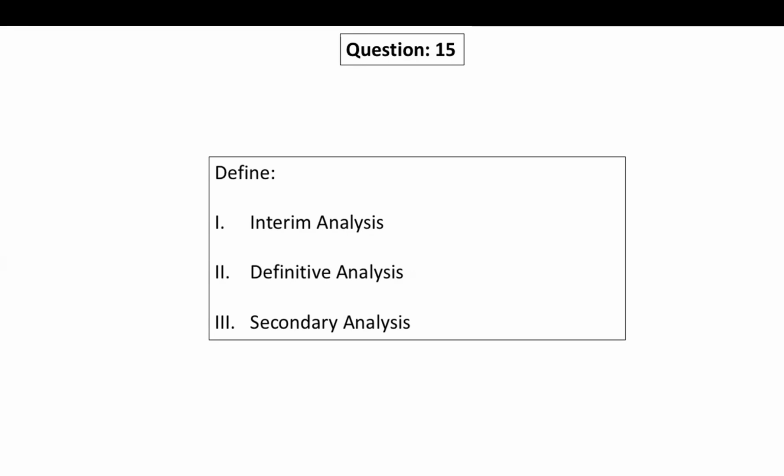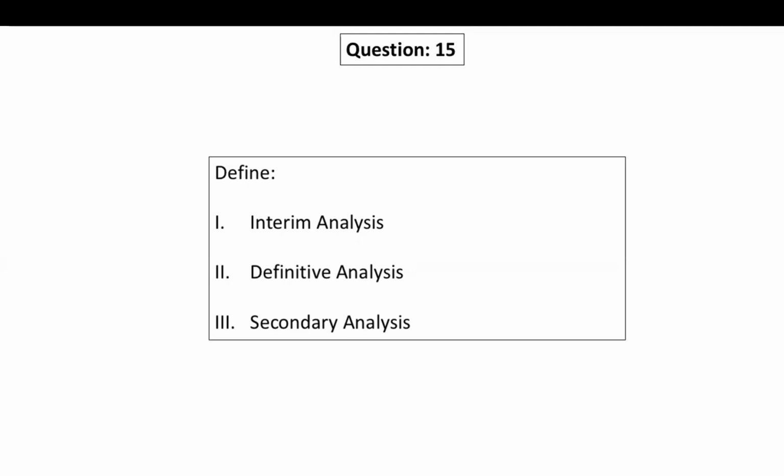What about the secondary analysis? It's the analysis of the secondary endpoints, which are not the primary focus of our study. The primary focus is the primary endpoints, like disease-free survival, overall survival, or progression-free survival.